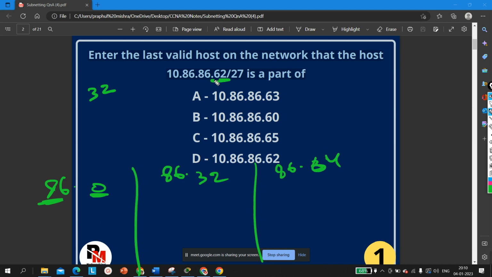So see, this IP address belongs to this network because here the value is 62. That means this network is ending over here at .63. Oh, that means this one is the last valid IP address, right? So see, the right answer is D. Now I hope it's clear to everyone.